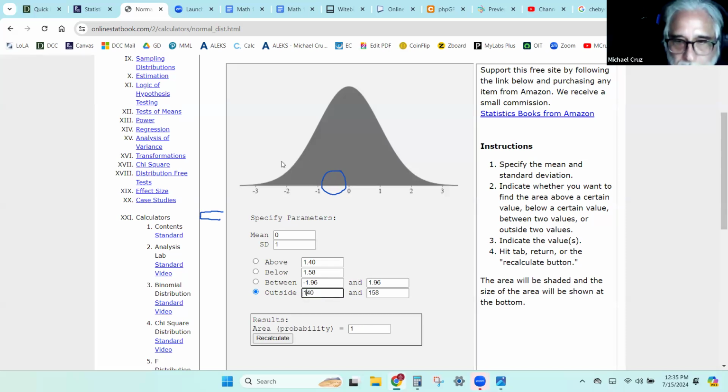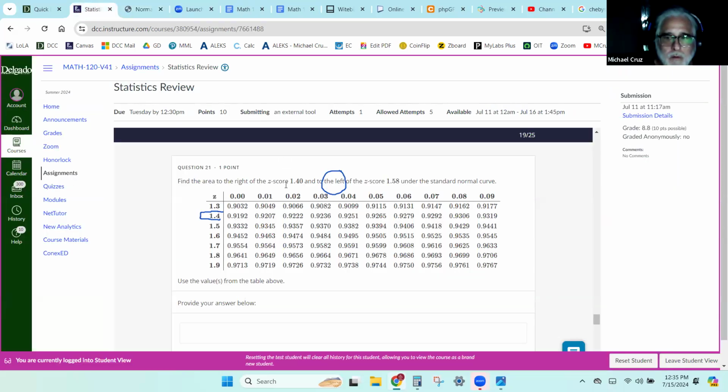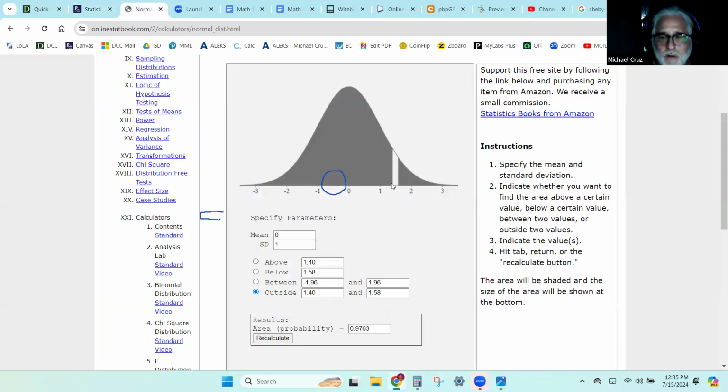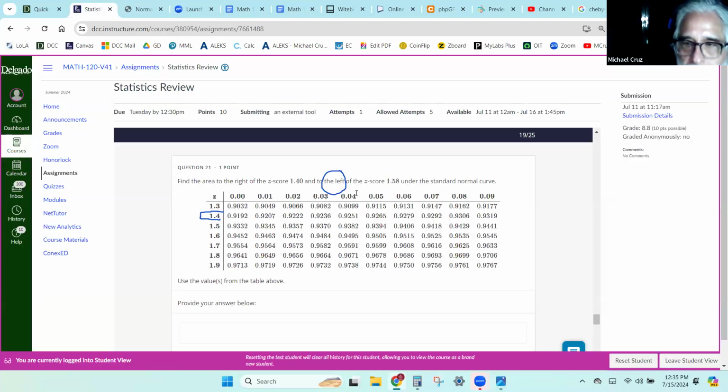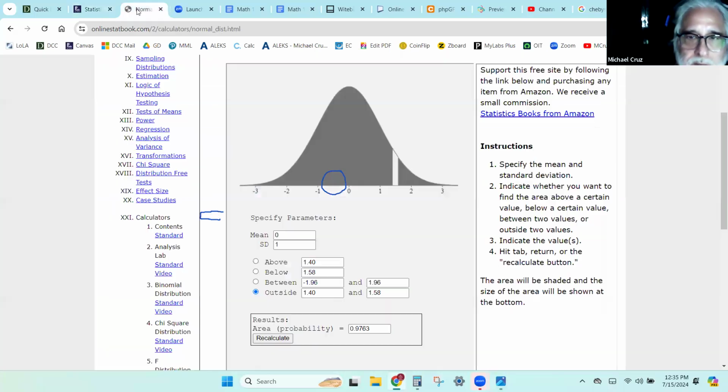It's 1.4. All right, so this is essentially what they're asking. They want what's to the right of 1.40 and to the left of 1.58. So really what they want is this one. They're just not saying between, but that's what it is.